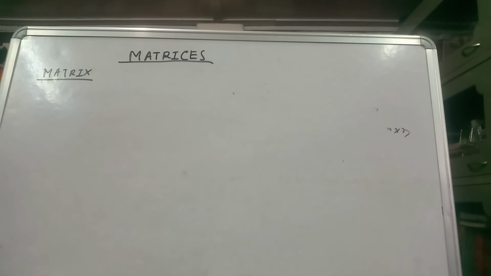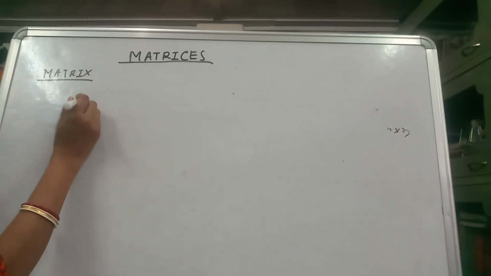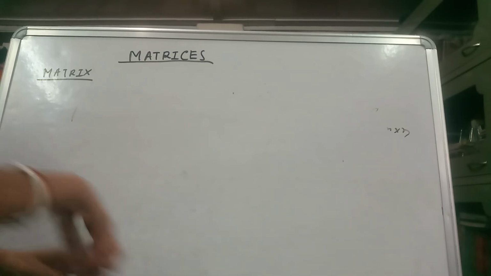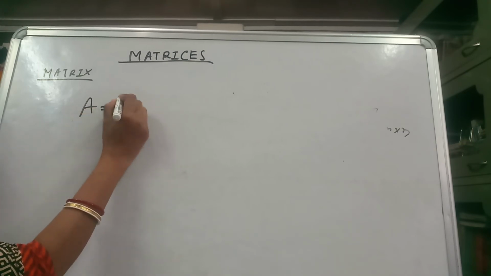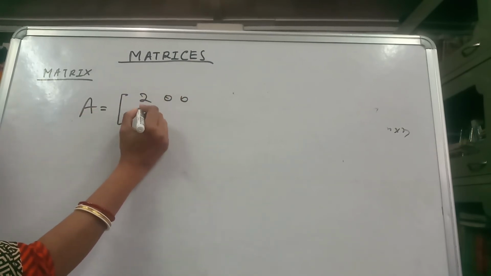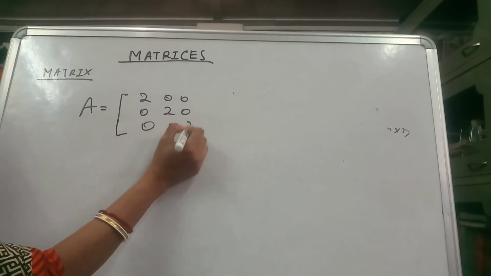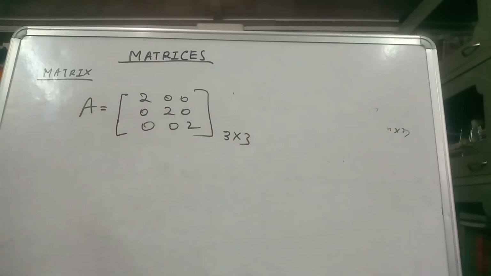Example, A equal to 2 0 0, 0 2 0, 0 0 2, 3 cross 3, etc. Sorry students, I am changing my pen. If A equal to 2 0 0, 0 2 0, 0 0 2, 3 cross 3, then it is a scalar matrix.